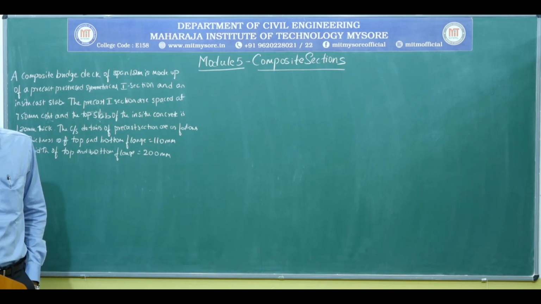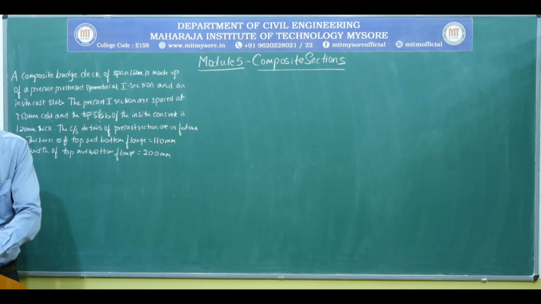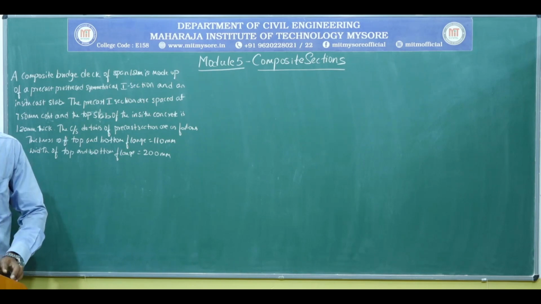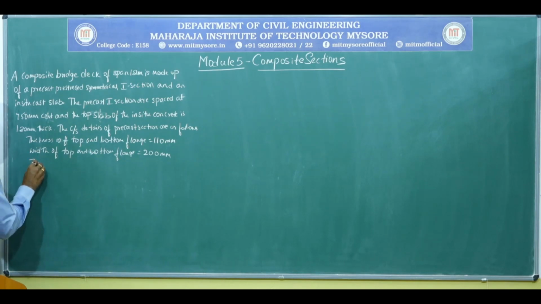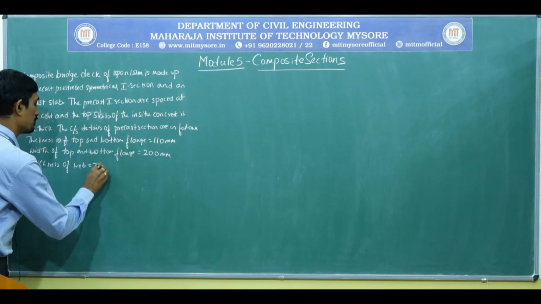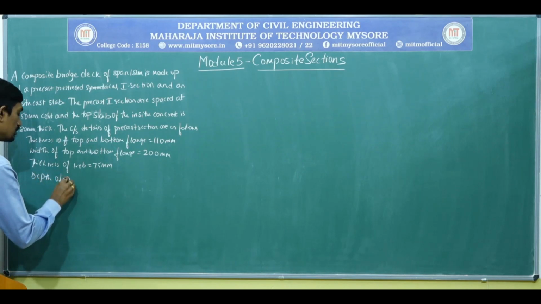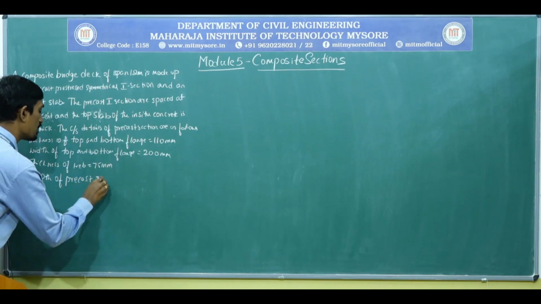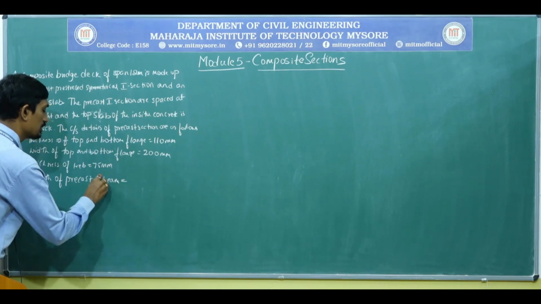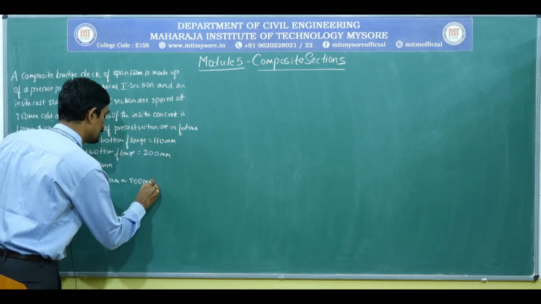The thickness of web is 75 millimeter. Next, the depth of the precast I-beam, that means the overall depth, because it is an I section, hence I-beam, is equal to 500 millimeter.